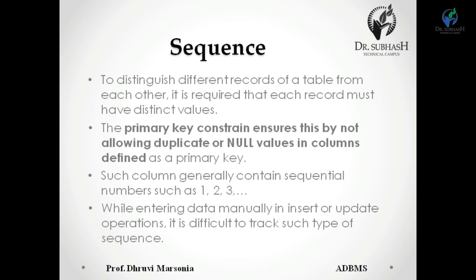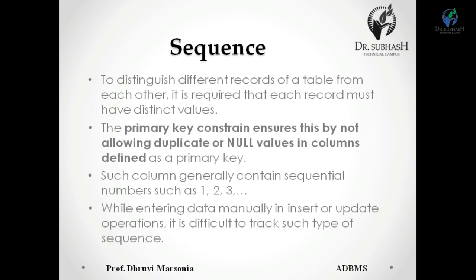In our SQL database, the primary key constraint ensures that unique and not null values are available in our table, by not allowing a duplicate or null value in the column defined as the primary key. Such columns generally contain sequential numbers like 1, 2, 3, 4, 5, 6, 7 up to thousands, depending on how much data is needed in our database.